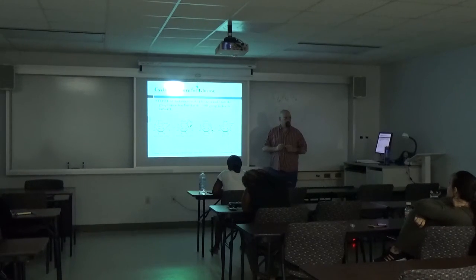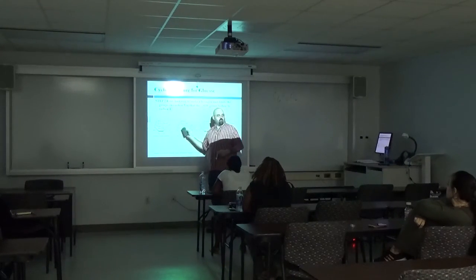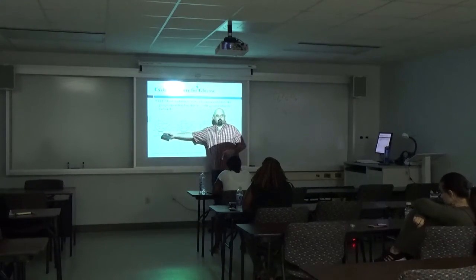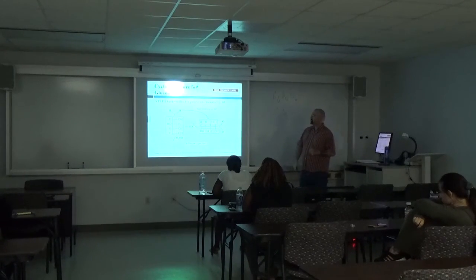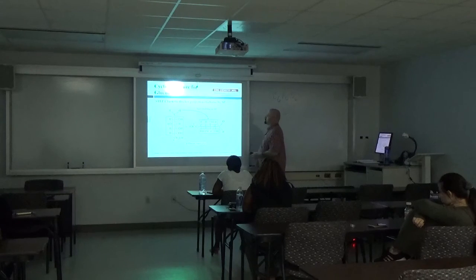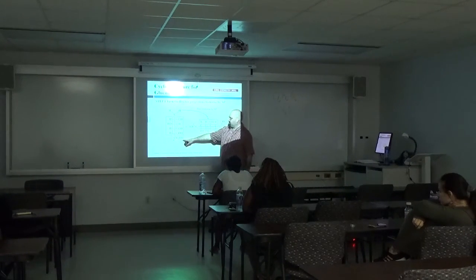Yes? I got so confused between step 1 and step 2. Step 1 and 2? So this one and this one? No. Previous slide. Yep. Because I'm just trying to figure out, okay, I know you turned it 90 degrees, but then why is it now OHCH2, or is that just this, written in reverse?